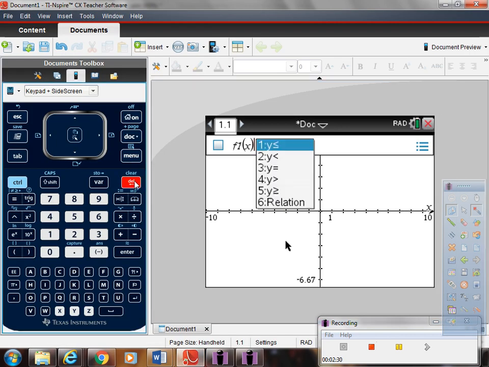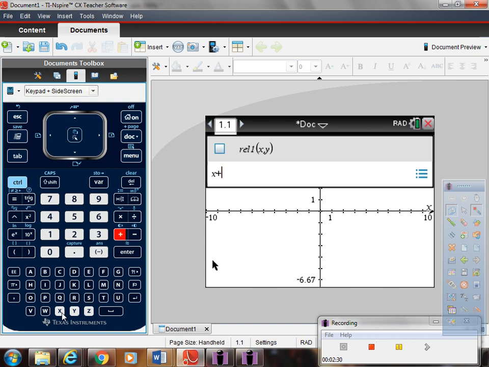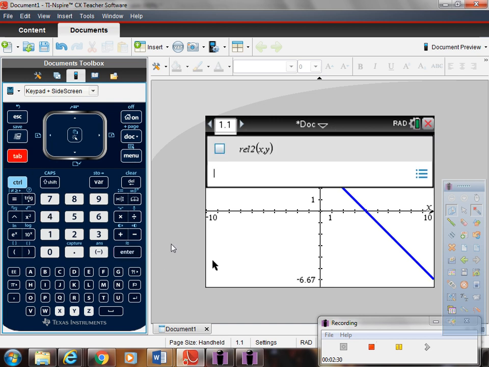So hit delete and go to relation, and then type it in. So it's x plus y equals 4. And you'll see that it makes a picture of a line, and then you hit tab and you type in the next one, which is x minus y equals 0.